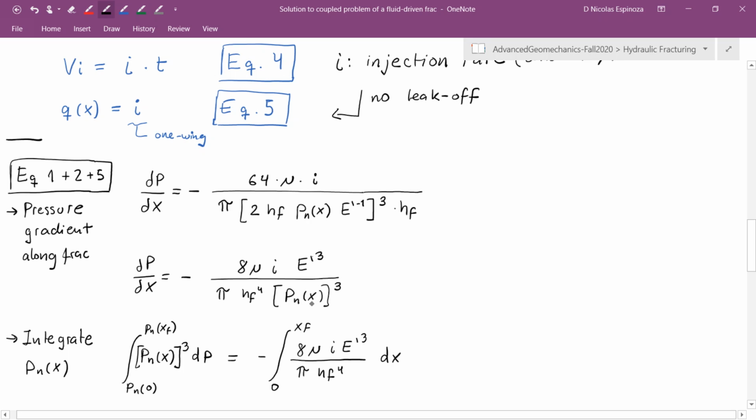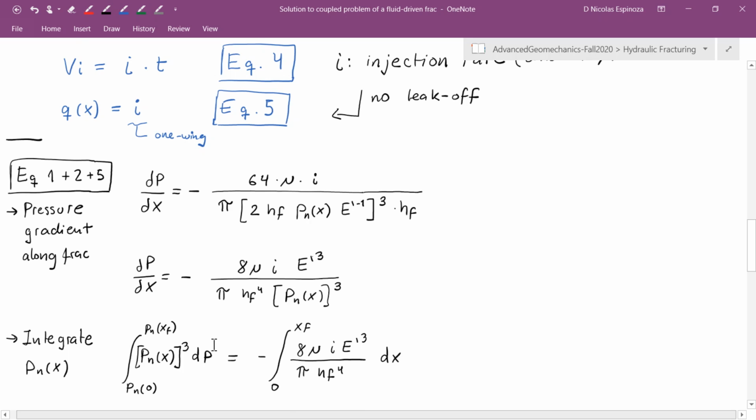See, this one, the net pressure goes over here, and the dx, which is for the length, goes over there. So I just separate my variables, and I'm going to integrate Pn from Pn at position 0 to Pn at position x, and this other part of the equation, whose variable is x, from position 0 also to position xf.